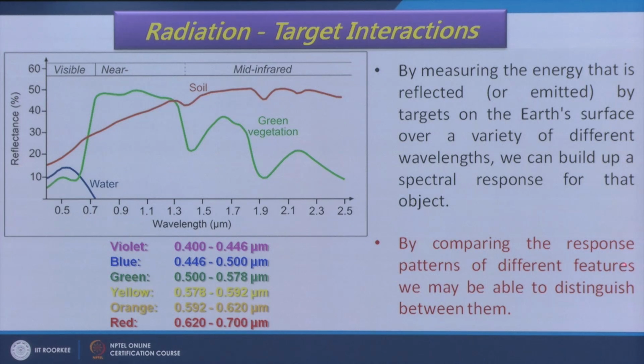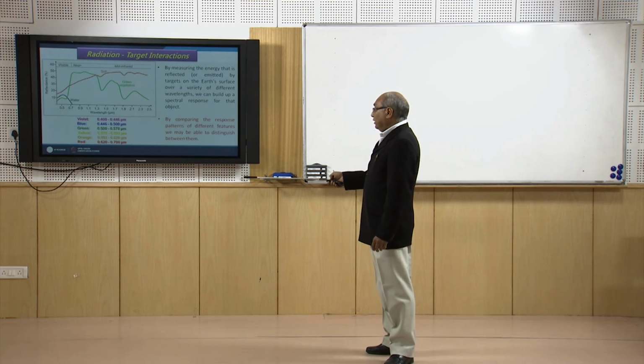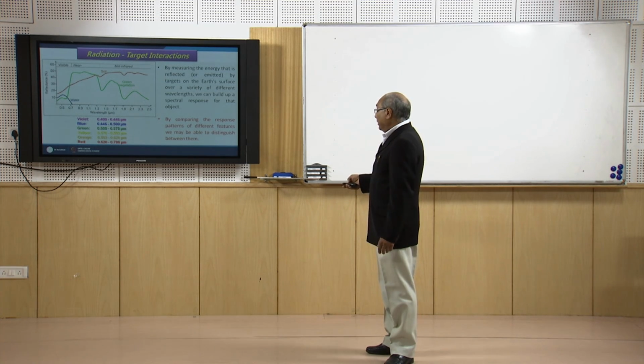By comparing these response patterns of different features like soil, vegetation and water, we may be able to distinguish between them. As you can see, all three different objects are showing completely different signatures or curves or behavior in this part of the EM spectrum, especially in visible, near infrared and mid infrared.